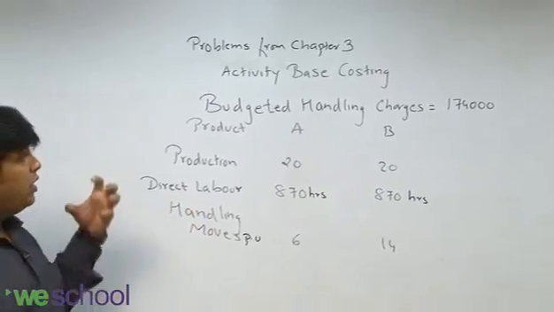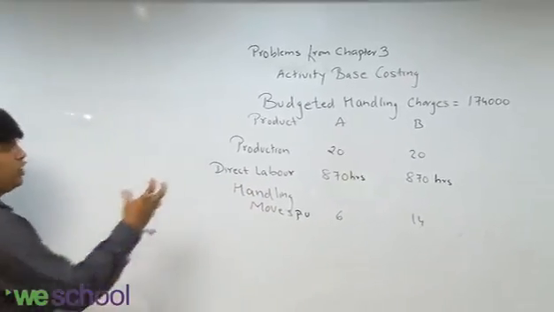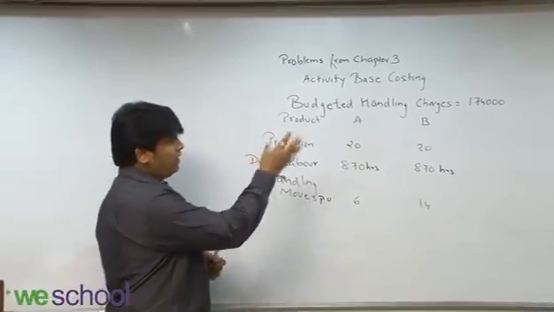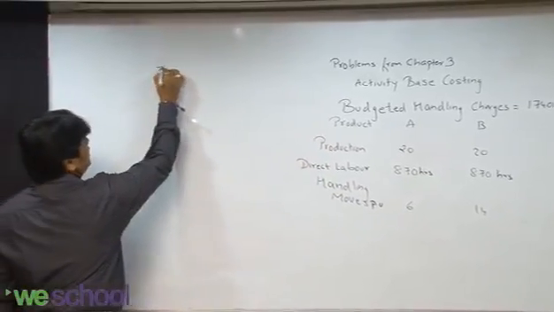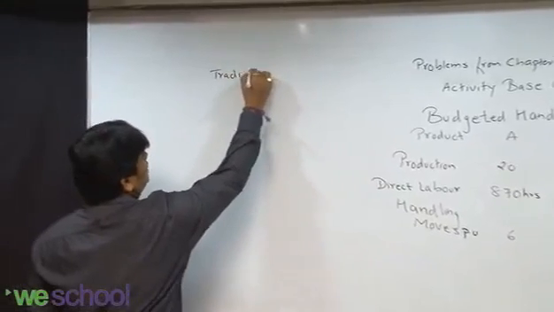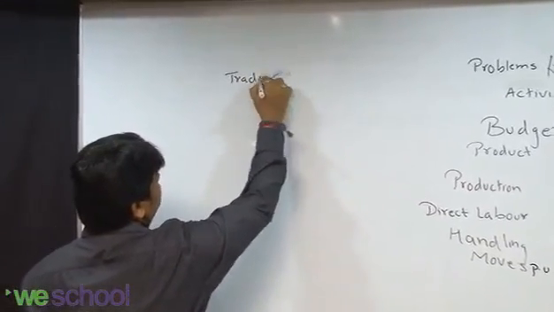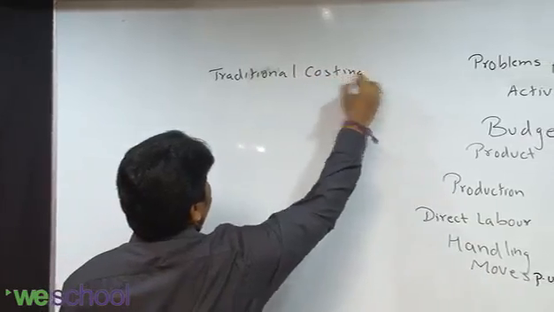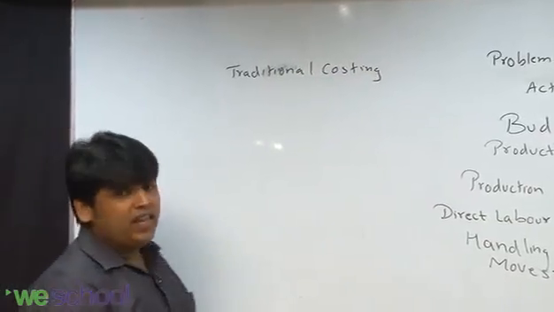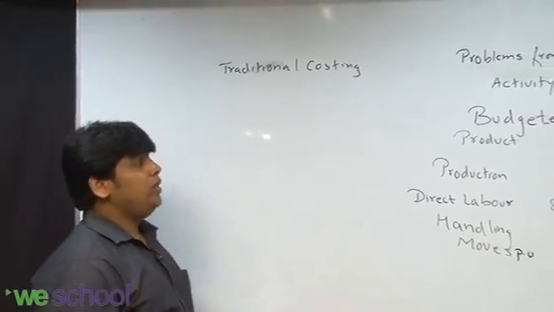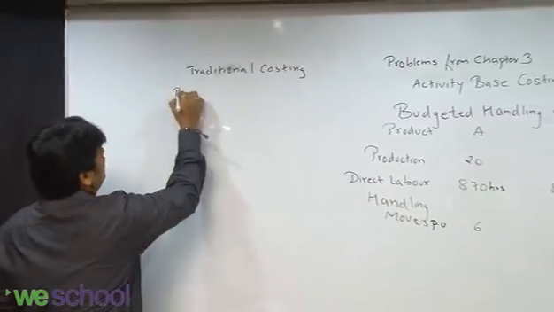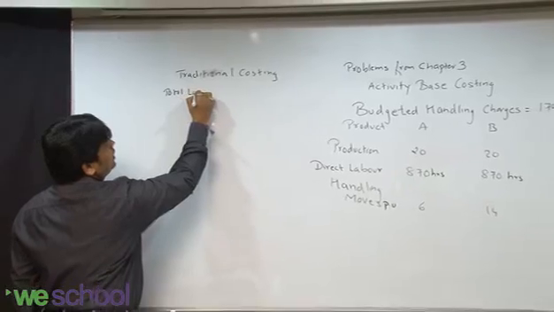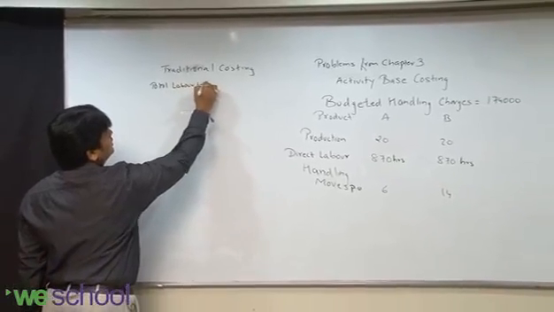So let us find how the calculation goes by the traditional costing method. In the traditional costing method, I will divide these budgeted handling charges of 1,74,000 on the basis of total labor hours. Now find out the total labor hours.